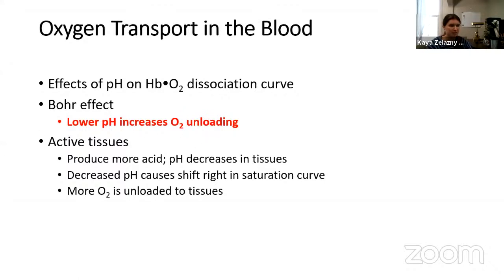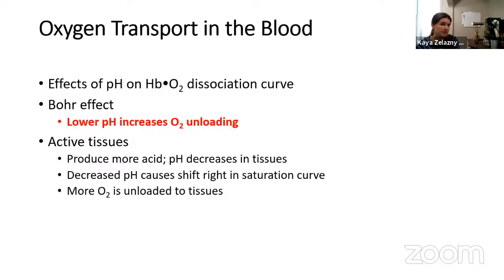So the name for this is the Bohr effect, this effect of pH on the affinity of hemoglobin for oxygen. So Bohr effect equals a right shift equals lower affinity.